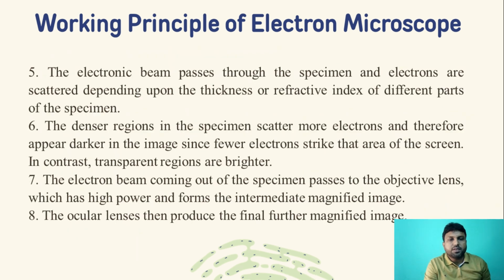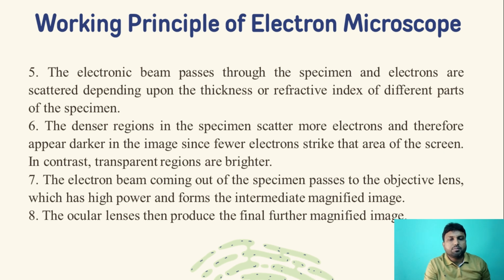The electron beam passes through the specimen, and electrons are scattered depending upon the thickness or refractive index of different parts of the specimen. The denser regions in the specimen scatter more electrons and therefore appear darker in the image, since fewer electrons strike that area of the screen. In contrast, transparent regions are brighter.